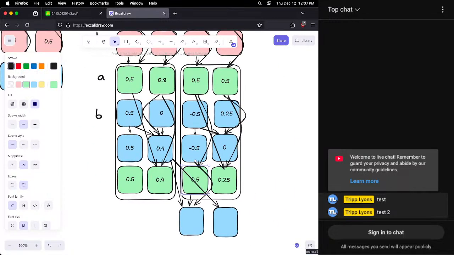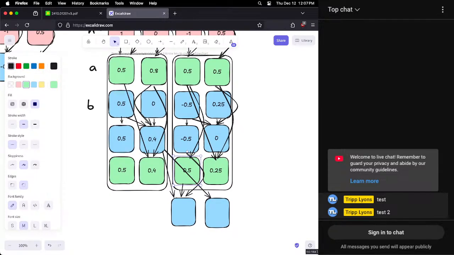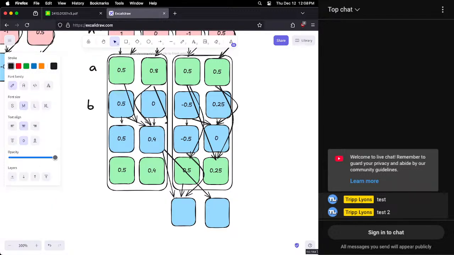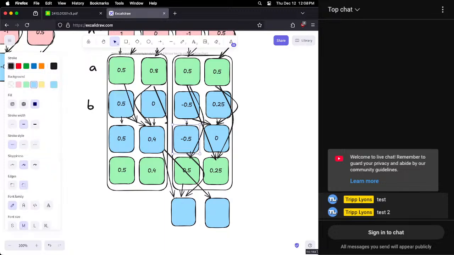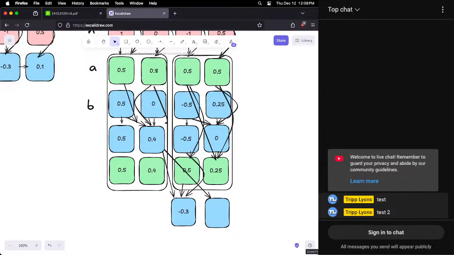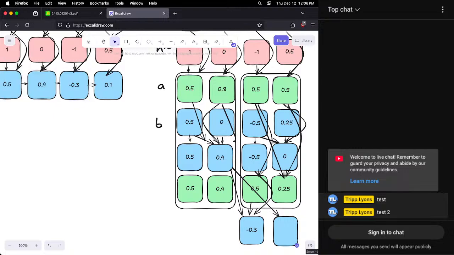No, current A times the previous B. Current A is 0.5, previous B is 0.4. So that gives us 0.2, and then we have to add the 0.5 here. We have to add the 0.5 to this 0.5 times this 0.4. That gives us the negative 0.3 that we wanted in the answer.